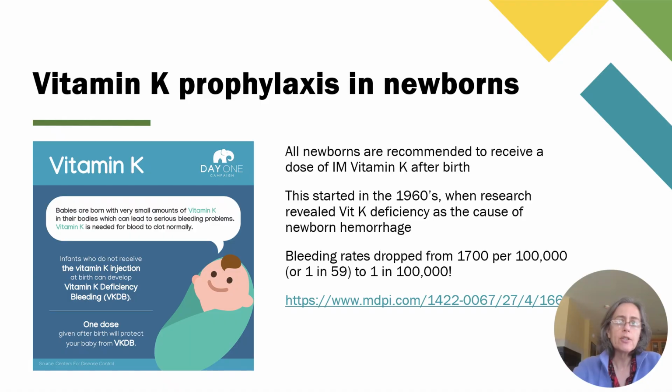This started as a routine medical practice in the 1960s because it was discovered then that the cause of those newborn brain hemorrhages was vitamin K deficiency. And they figured it all out, and then they figured out that if you give vitamin K, it will prevent that from happening.